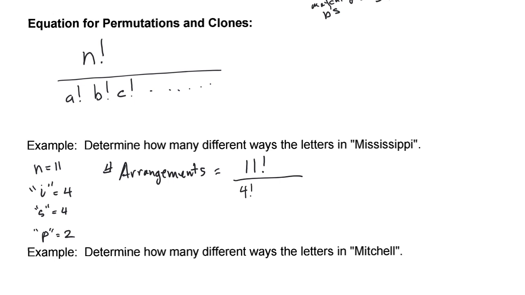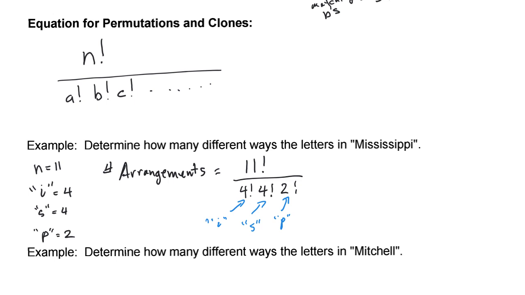So basically this represents the I's, and then this other 4 factorial divides out all the arrangements of all the S's. And then the 2 factorial divides out all of the P's. And we're done.